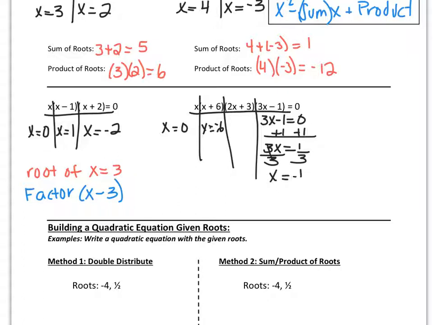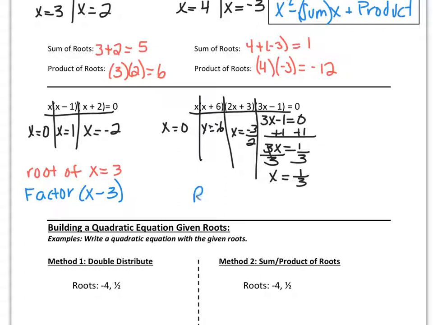So x equals 1/3 would be a root, and if I follow that same pattern, then x equals negative 3/2 here.